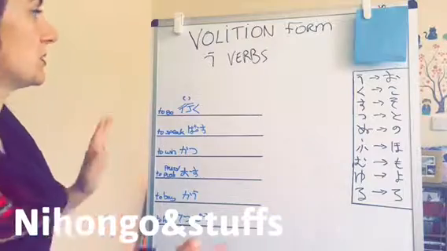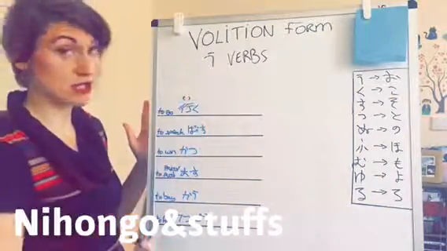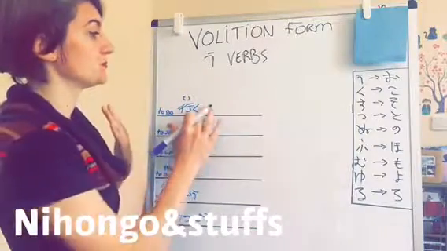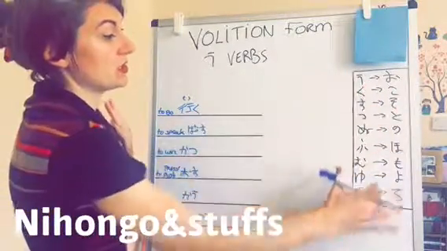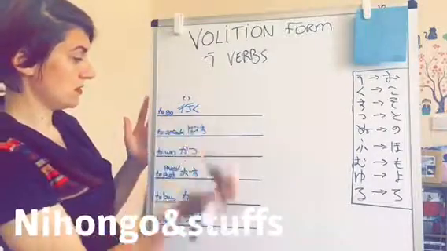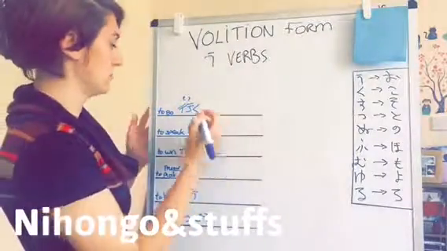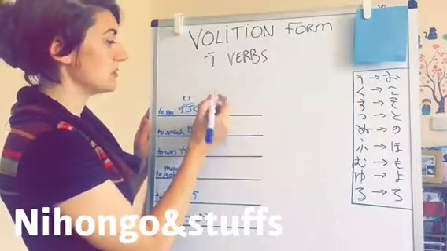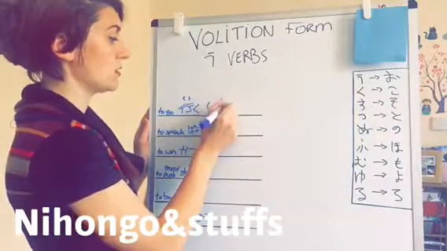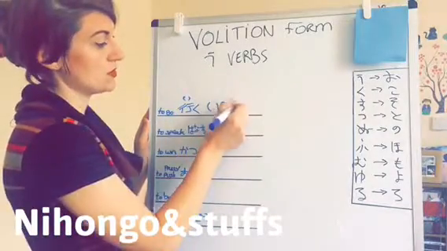First thing we need is the verbs in their dictionary form, and we're going to take the last u sound and change it to its o counterpart. So in the case of iku, to go, iku is iko, and we're just going to put u at the end.